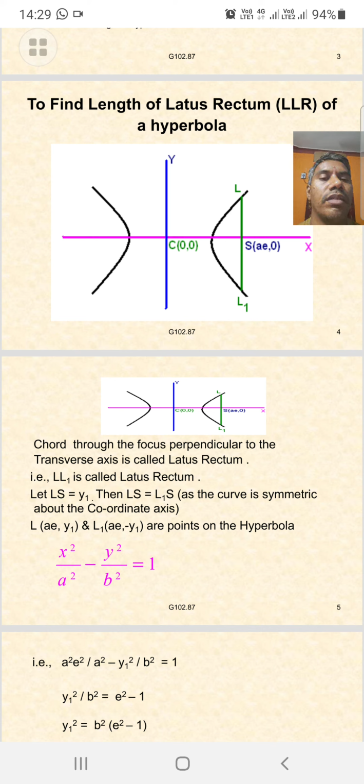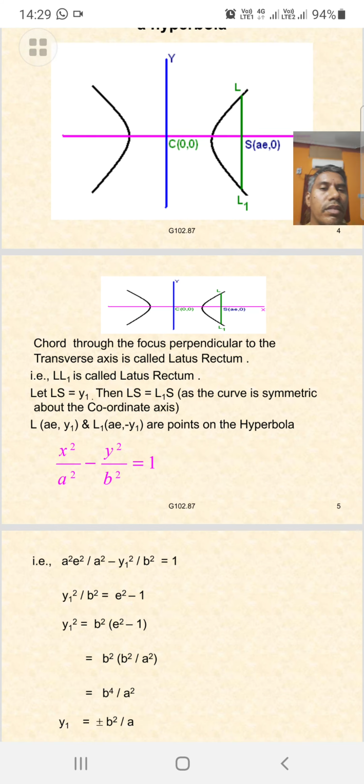But now we learned the third and fourth forms, which are similar to the first and second forms. In the first form, we have the equation x square by a square minus y square by b square equals 1.